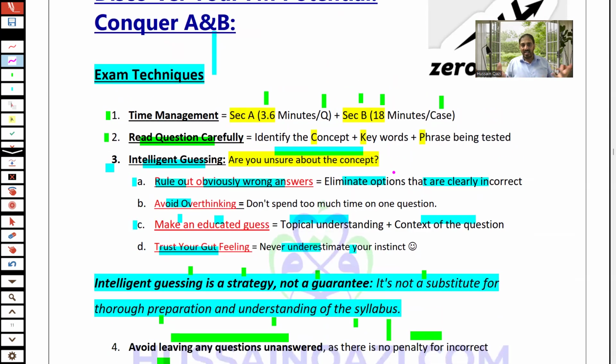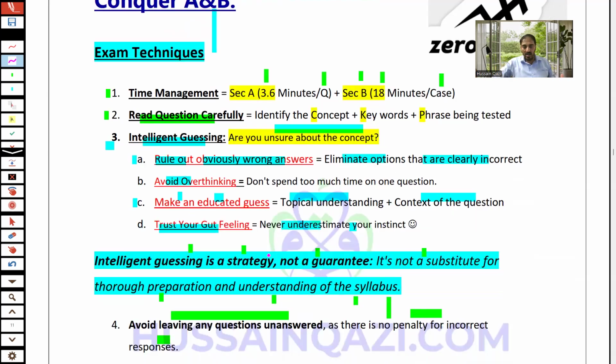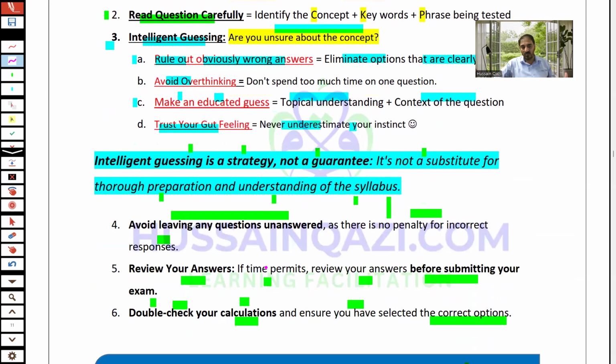These are the exam techniques: time management; read the question carefully; first the concept, second the keywords, then the phrase being tested. If you have any doubt, apply intelligent guesswork.